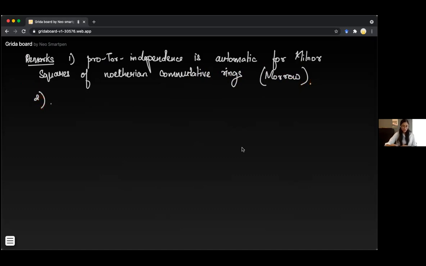And now, if you combine this pro-excision for rings with the Zariski descent for K-theory, this shows that if you have a square of schemes which is Milnor, then it would always give you pro-excision in K-theory.